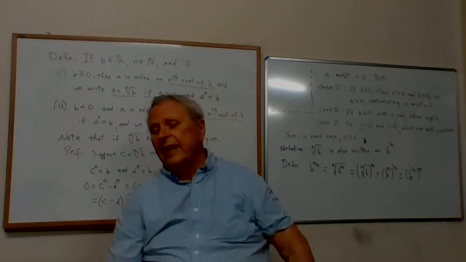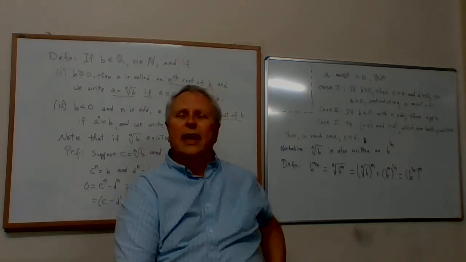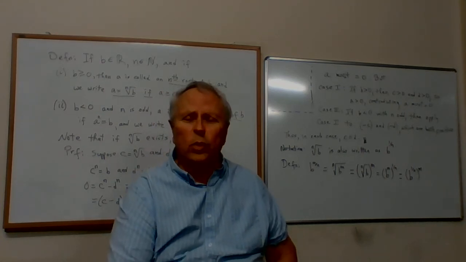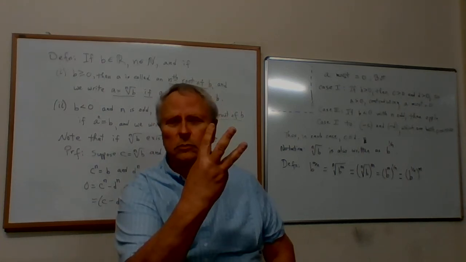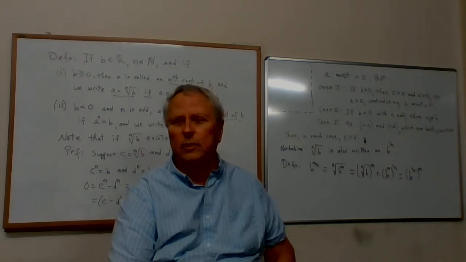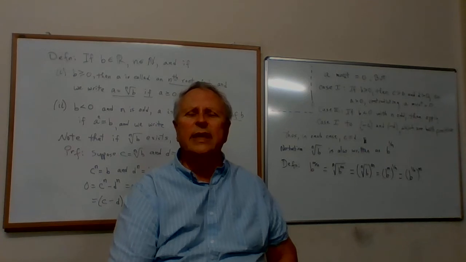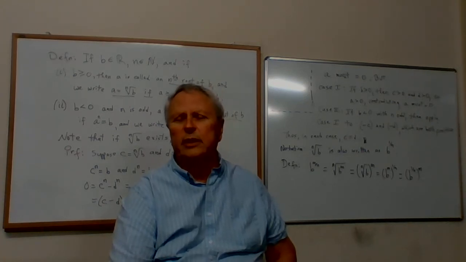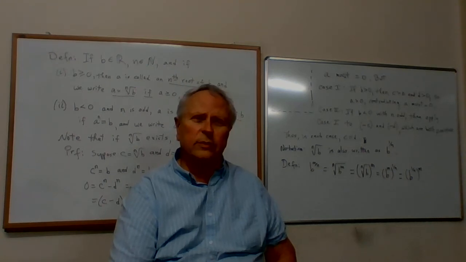So if I didn't say that, pretend that I said that. 81 to the 3/4 power is the fourth root of 81 cubed, which is 27. What is 81 to the negative 3/4 power? And the answer is 1 over 27.